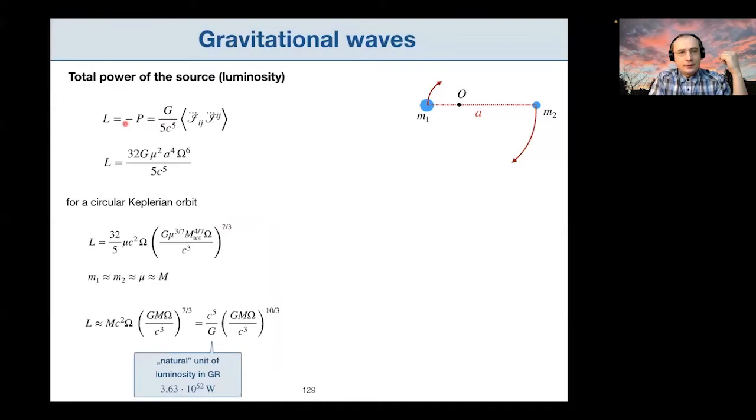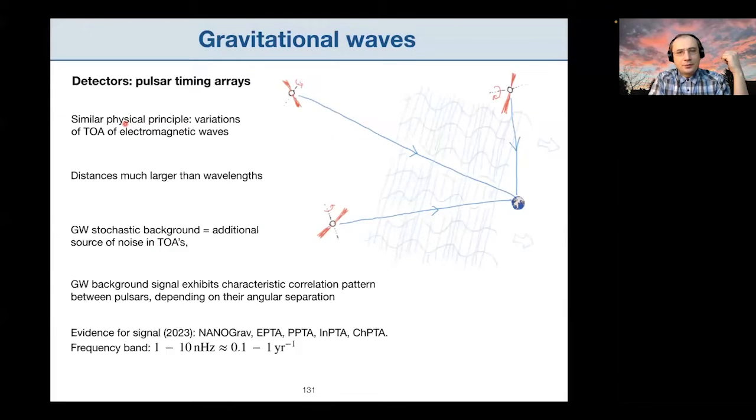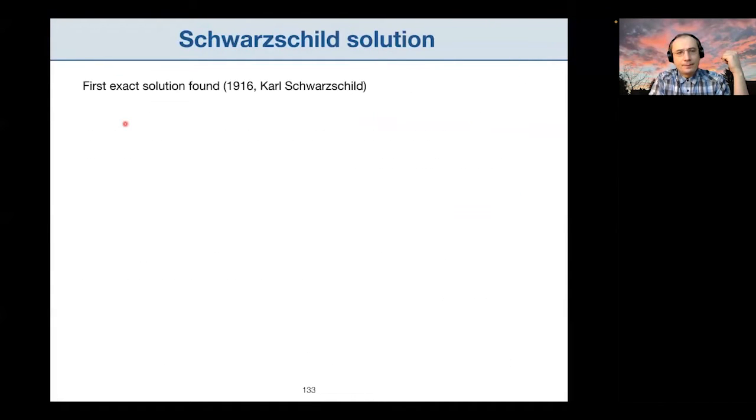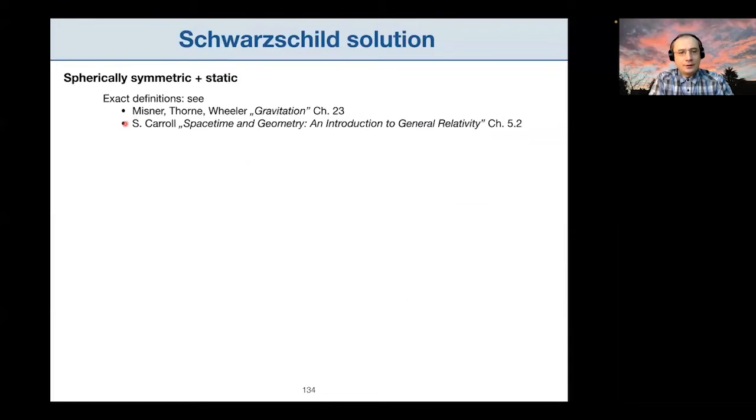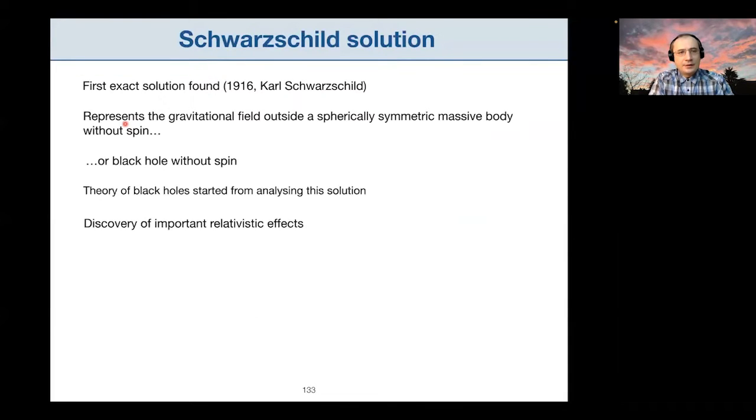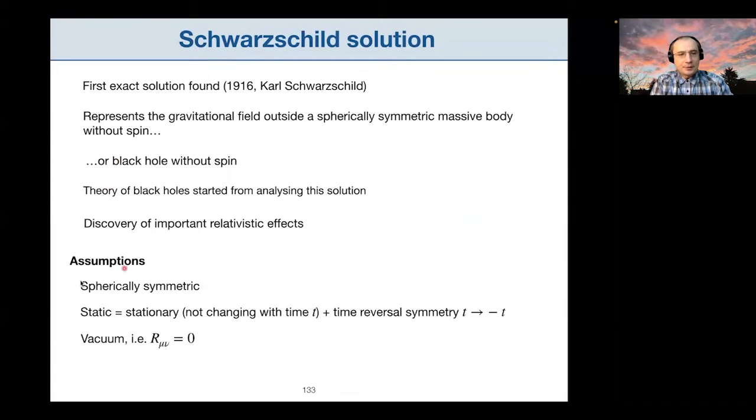Okay, so during the last lecture, we introduced the Schwarzschild solution, as the solution describing a spherically symmetric body and its gravitational field outside that body, or a black hole without a spin, although we haven't defined a black hole yet. We spelled out the assumptions that the spacetime is spherically symmetric, static, and vacuum.